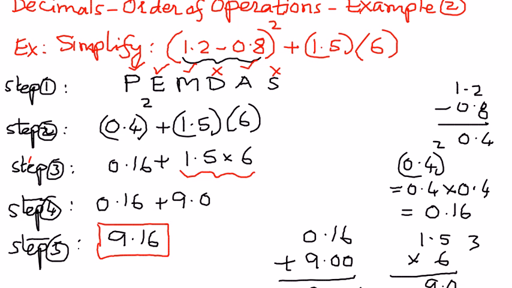Therefore, when we simplified this given expression, the answer came out as 9.16. So this is how we use the order of operations to simplify decimal numbers. In my next presentation, we shall look at some more examples of how to simplify decimal numbers using the order of operations.